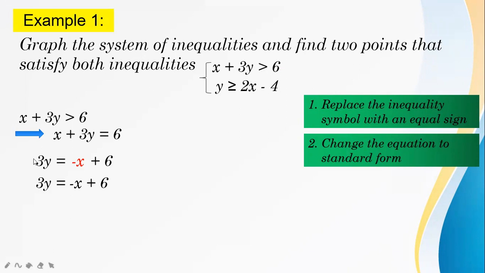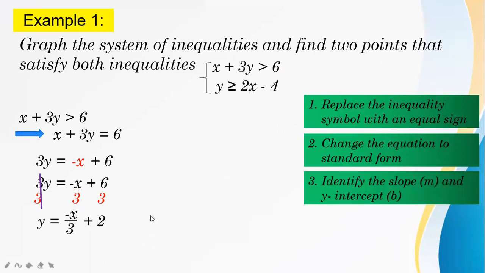So you need to eliminate the positive 3. So we have 3y equals negative x plus 6, divided by 3 on both sides of the equation to eliminate the positive 3. Therefore you cancel out, and we have y equals negative x over 3 plus 2.